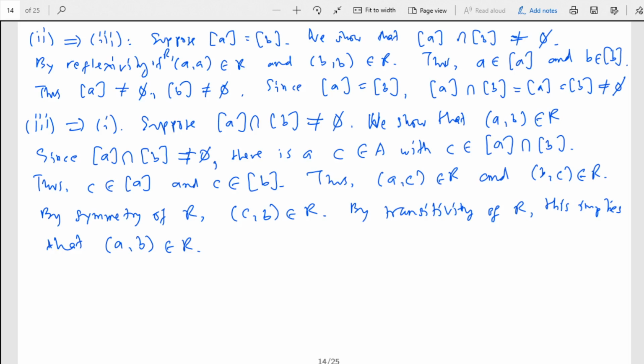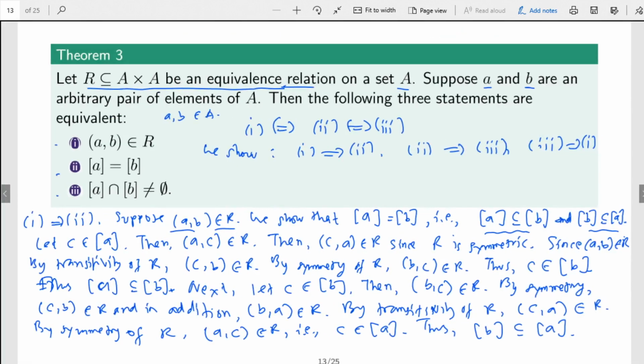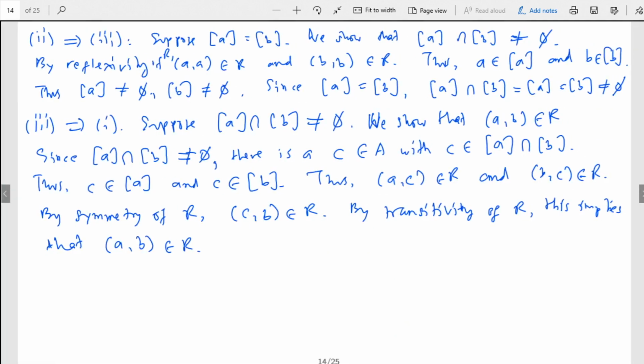Overall, we established 1 implies 2, 2 implies 3, and 3 implies 1. Because of that, we established that the three statements are equivalent. Now we stop here and we continue with the next properties of equivalence classes.